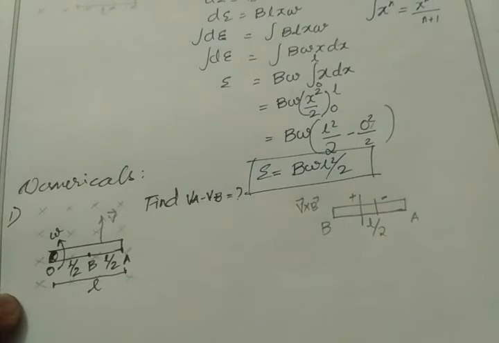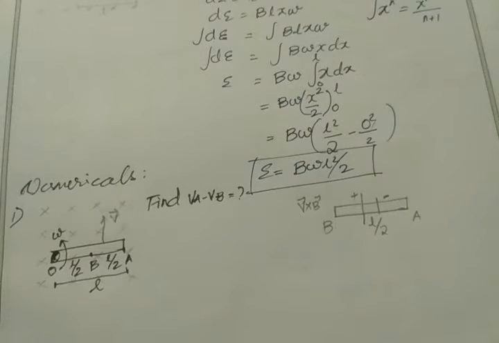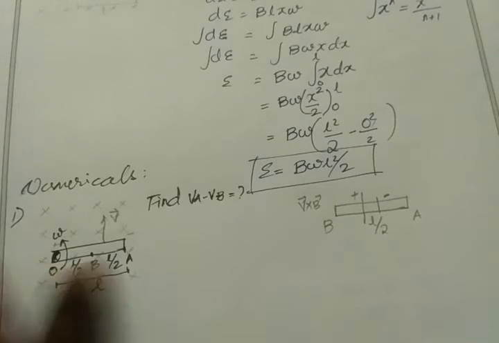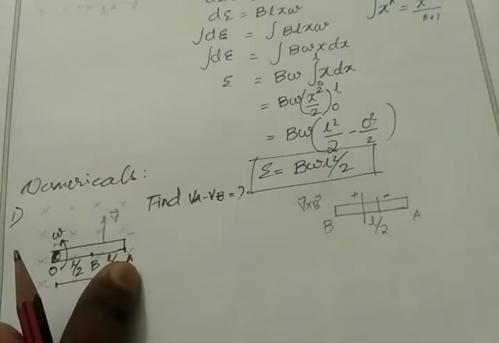Clear? For this whole rod, I get the same scenario, right? So this is the positive terminal and this is the negative terminal. So here I have higher potential, for example 10 volt. Here I have 0 volt, right? That is the potential difference.